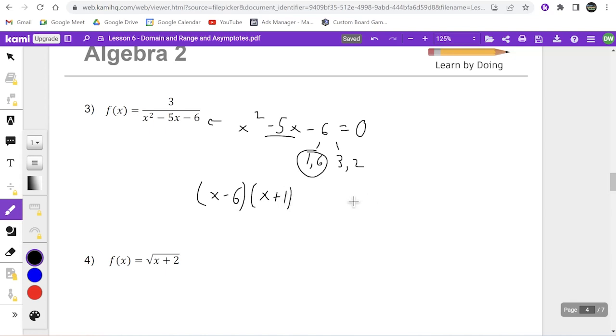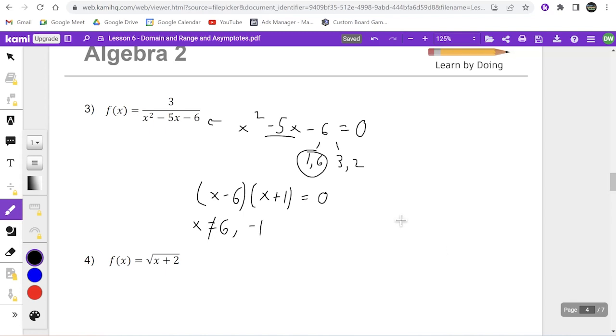I'm assuming factoring is something you're good at by now. If not, you can go back to a previous lesson this summer where we talk about factoring more in detail, but seriously, it's a very important skill to have for this reason. And we're going to get 2 solutions here. You get x equals 6 and negative 1. And remember, x does not equal 6 or negative 1.